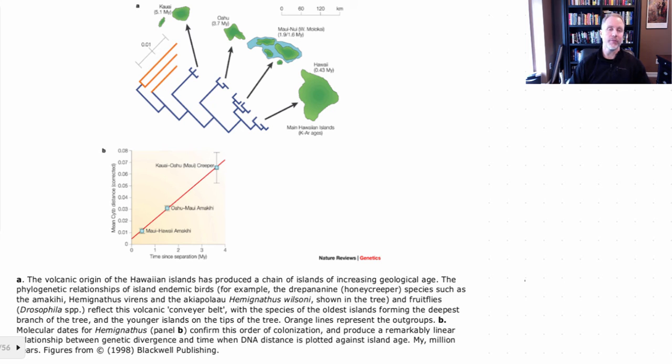So for instance, if we look here, we can take some geological data and use it with some of this other type of data to develop these branching diagrams and explain how this branching evolution has occurred.